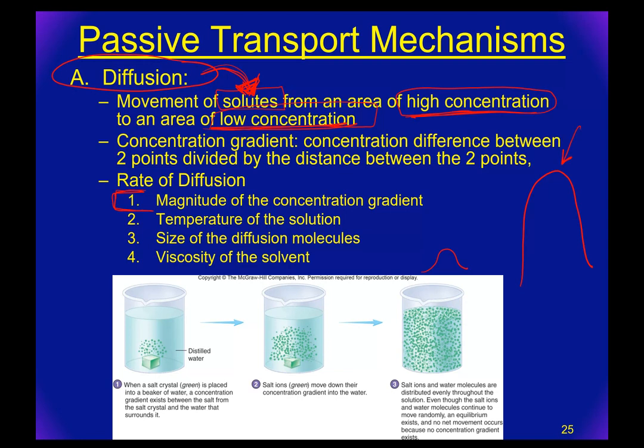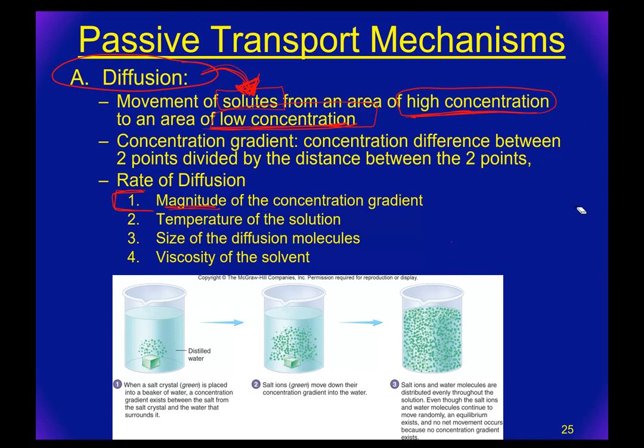This one. Why? Because that difference is a lot bigger. From here to here, that car is going to, right? As opposed to from here to here, it'll still go, but it's not going to be near as fast. So how big is the difference?